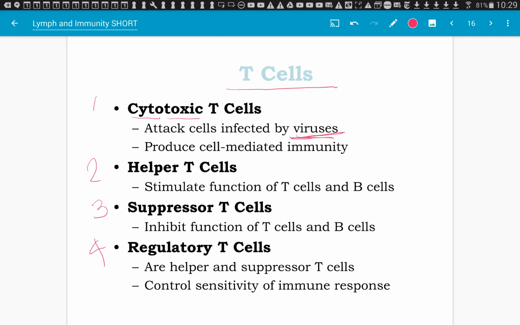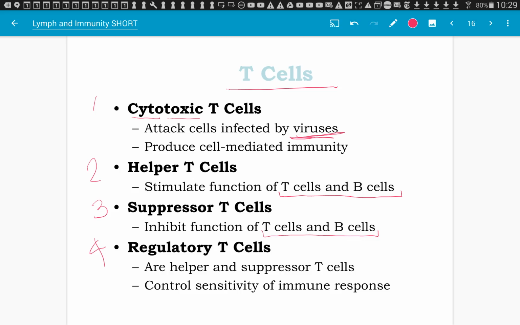Helper T cells, they help, simply put. They stimulate T cells and B cells to become functional. It's kind of like they help wake them up. Suppressor T cells inhibit the function of T and B cells. So helper T cells stimulate their function, suppressor T cells inhibit their function.